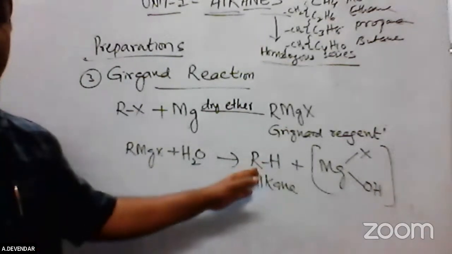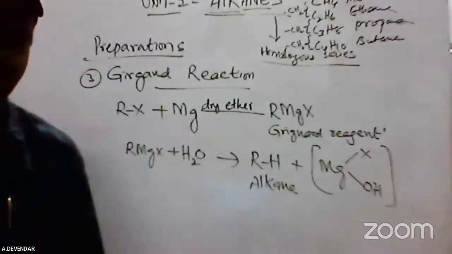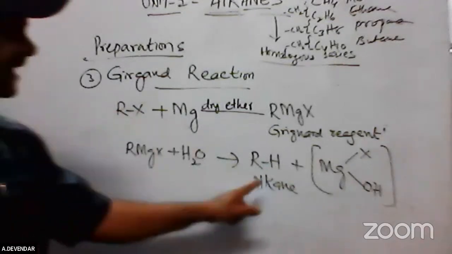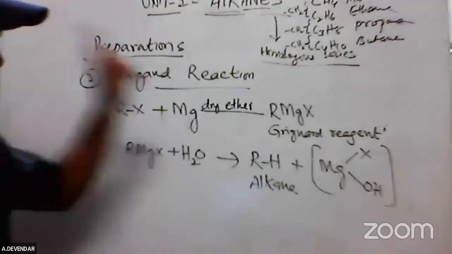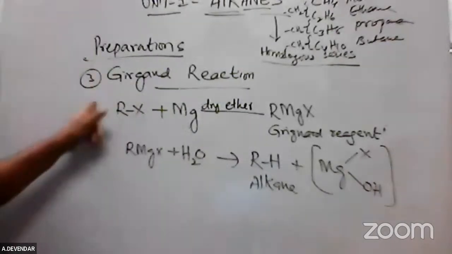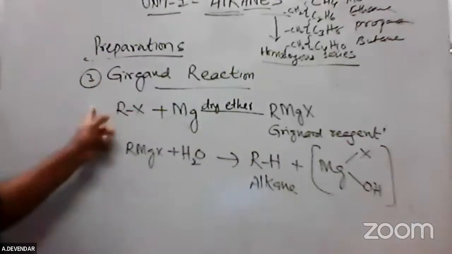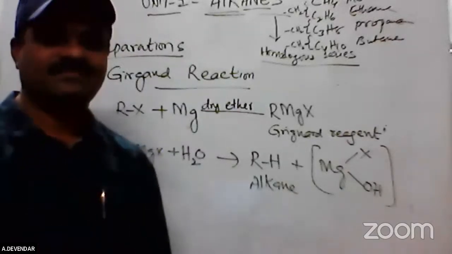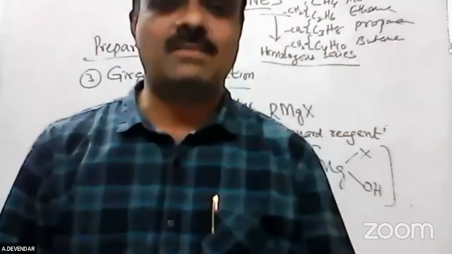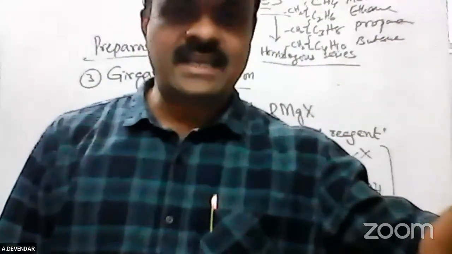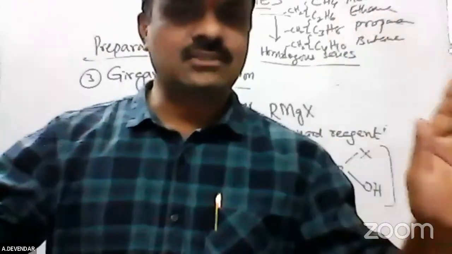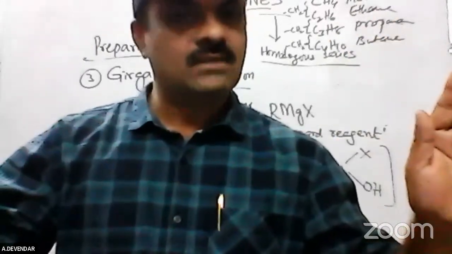You can take methyl halide to get methane, ethyl halide to get ethane, propyl halide for propane, butyl halide for butane, pentyl halide for pentane, any number. But in the Wurtz reaction only higher alkanes are obtained: starting with 1 you get 2, starting with 2 you get 4.